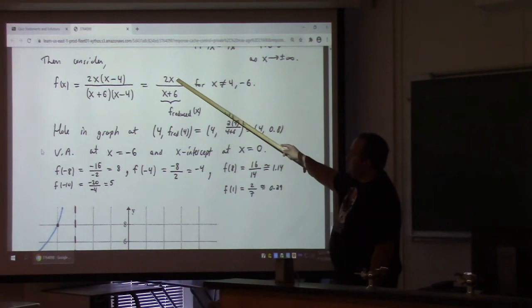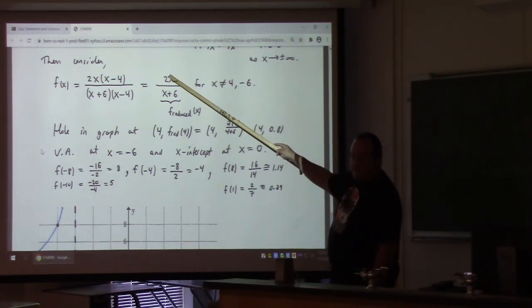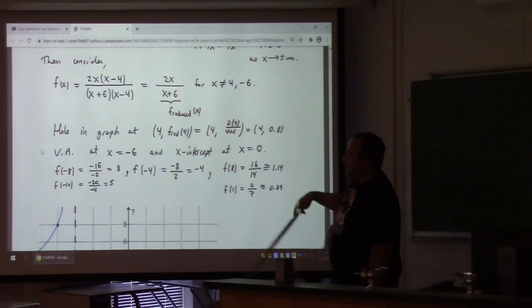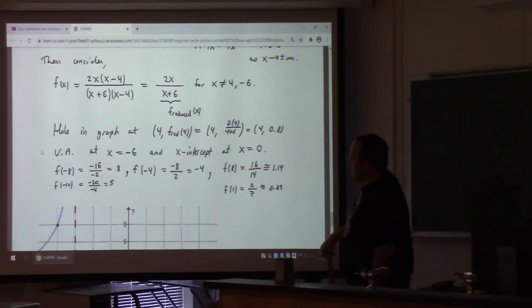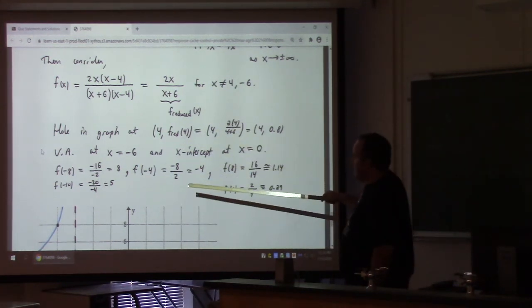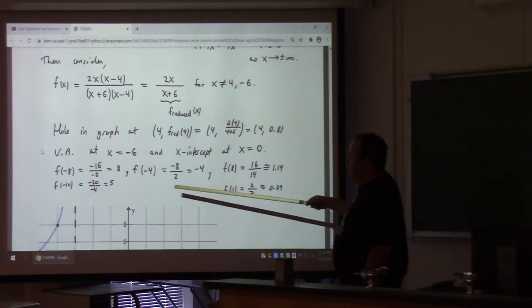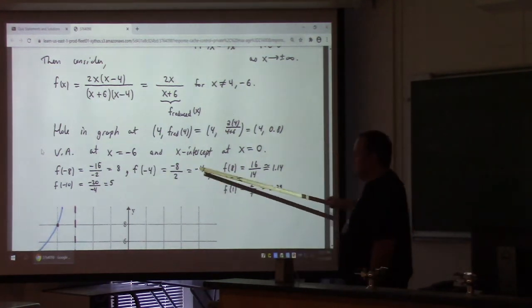And there's an x-intercept at 0, because we've got this 2x in the numerator unopposed by anything in the denominator. So we've got a zero, a hole in the graph, a vertical asymptote, all the interesting players are here. And then I just plugged in some more points just to make my graph pretty.